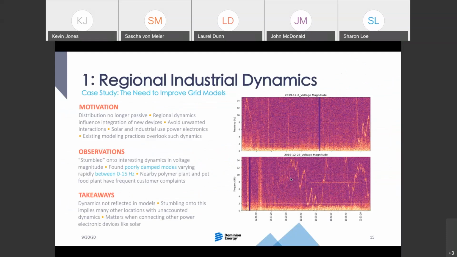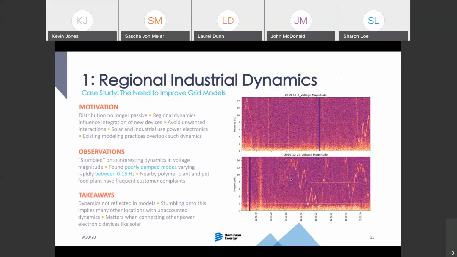And this is important because we need to recognize that the distribution circuit, not just from a load perspective, but from a generation perspective, is no longer a passive element in the system. And these behaviors need to be quantified because they can potentially interact with each other.